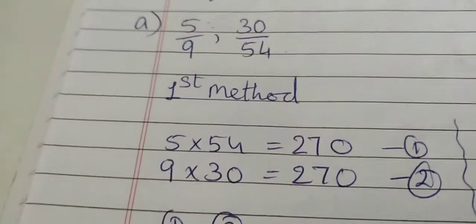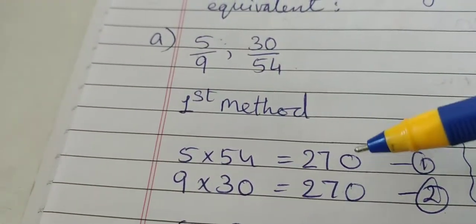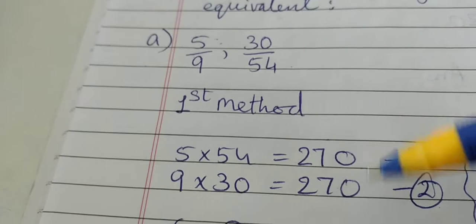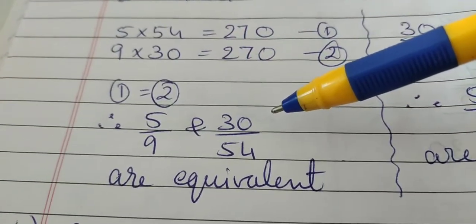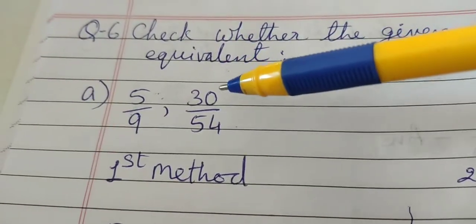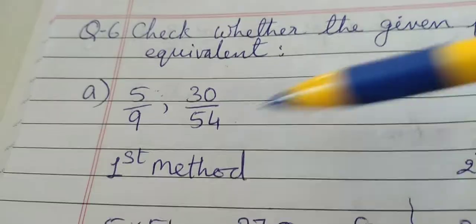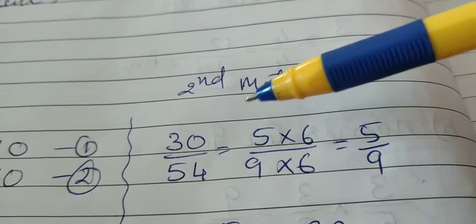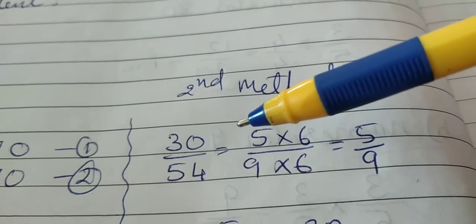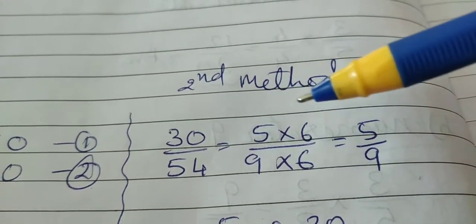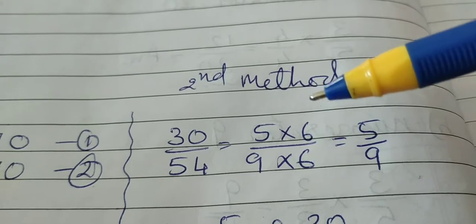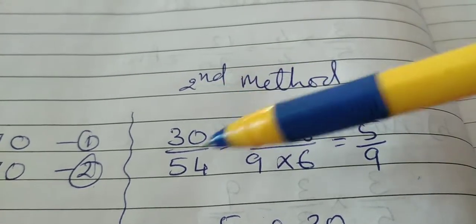So either you cross multiply and compare both of the products. If they are the same, then the fractions are equivalent, or you go with the reduced form of the fraction in which the reduction is required. 30 upon 54, write down the highest common factor in both the cases.